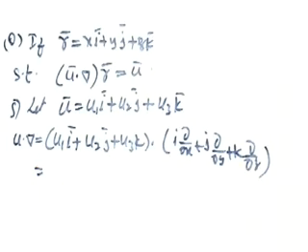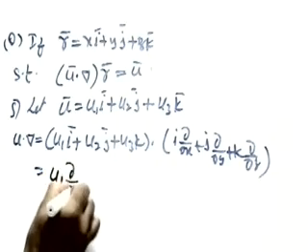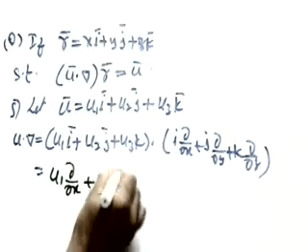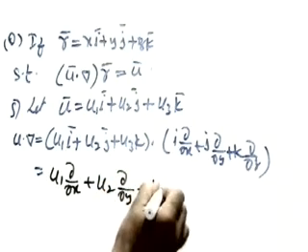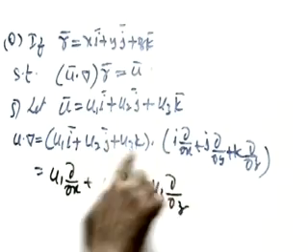So what is dot product? We have to multiply the i coefficients, j coefficients and k coefficients. So let me multiply the coefficients. You are left with u1 dou by dou x plus u2 dou by dou y plus u3 dou by dou z.